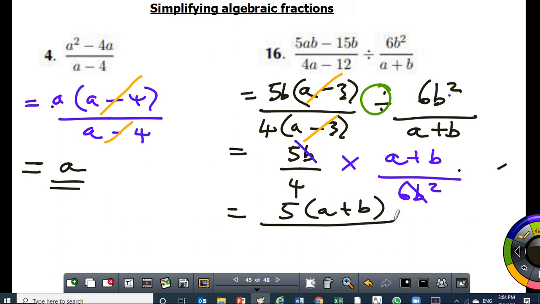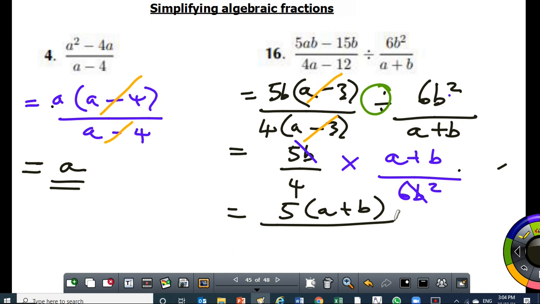Remember I said the b squared means there are two b's. One of those two b's cancels out with the b at the top here because there is multiplication. You can only do that if there is multiplication. If there is division, addition, subtraction, never do that.